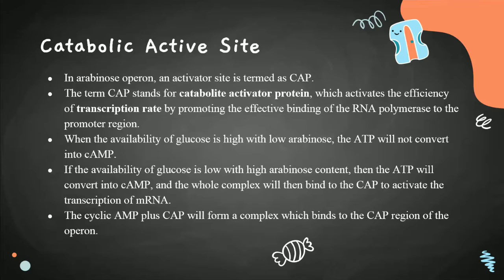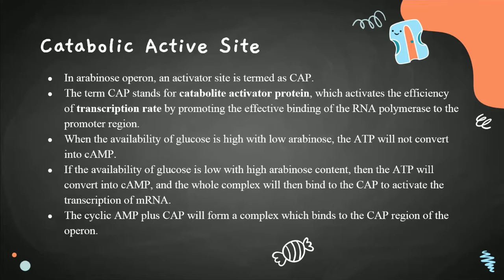Next is the catabolite active site. In arabinose, there is an activator site termed CAP. What is CAP? CAP is catabolite activator protein, which increases the efficiency of the transcription rate by promoting the effective binding of RNA polymerase to the promoter region. When there is low availability of arabinose and high availability of glucose, ATP will not be converted into cAMP, and this complex will not bind to the catabolite site.